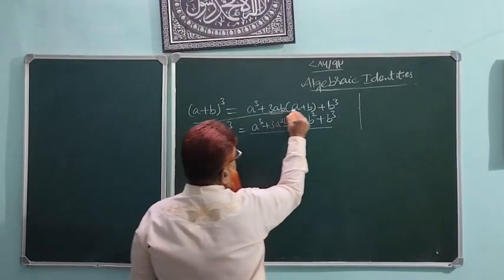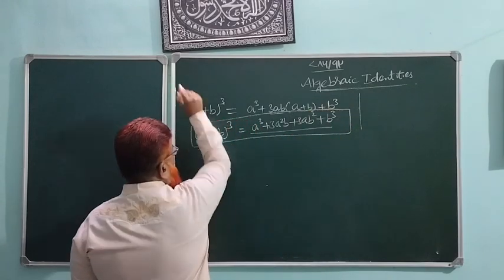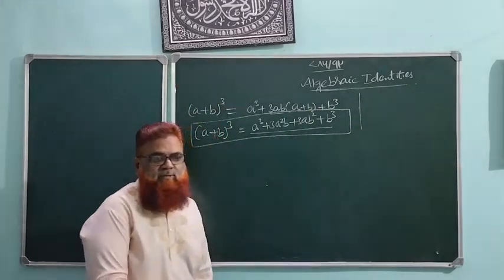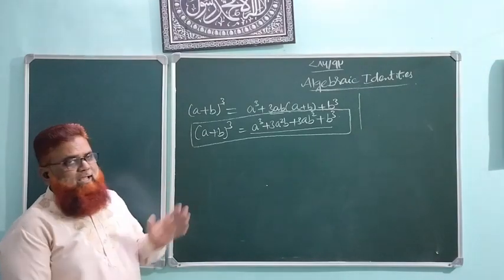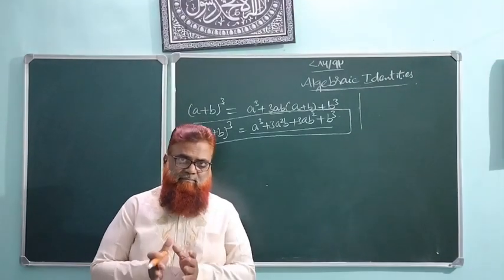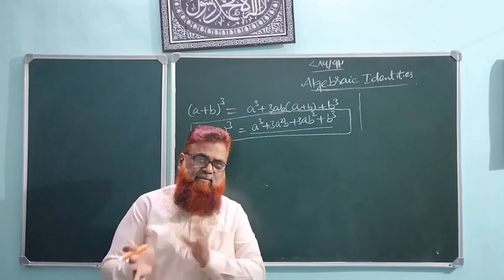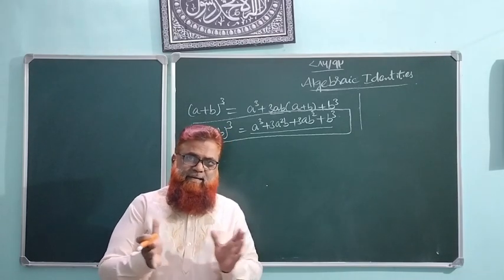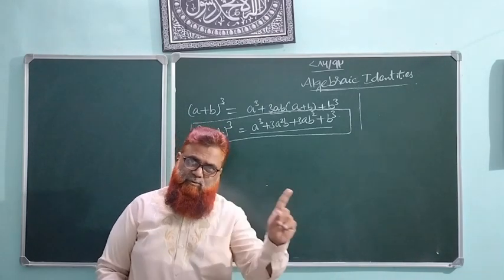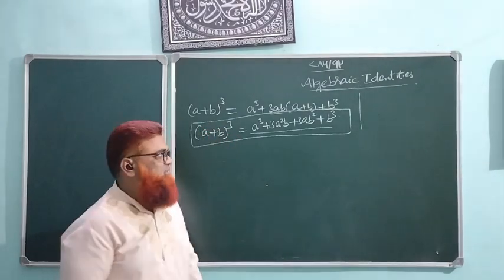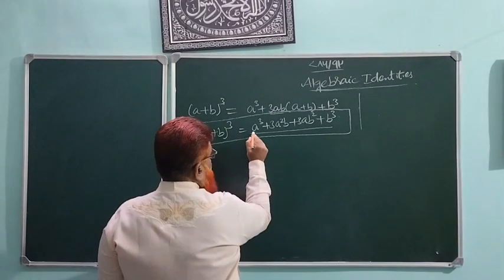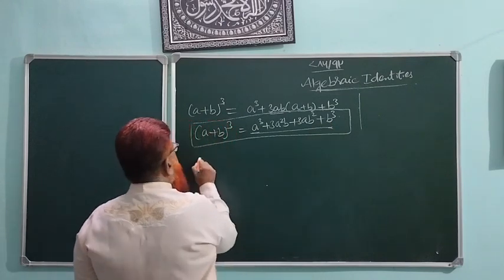Alright. This is the expansion of (a + b) whole cube. Let's see, as in my last video, how I manipulated the LHS to the RHS. Here also I am going to do the same. Please watch. Take a³ and b³.